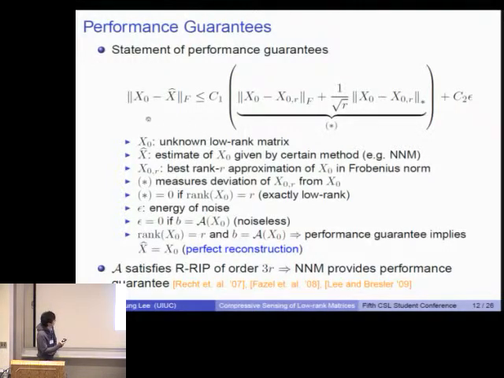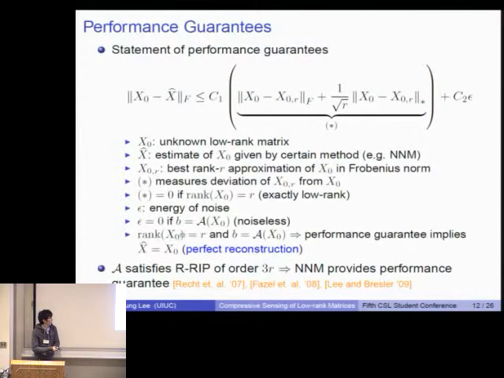Then the left-hand side denotes the distance between the true solution and the estimated solution in Frobenius norm. Then the star term measures the deviation of X0 from X0,R. If the rank of X0 is R, exactly low rank, then the star term vanishes. And epsilon is the energy of the noise. If there is no noise in the measurement, of course, epsilon is 0.